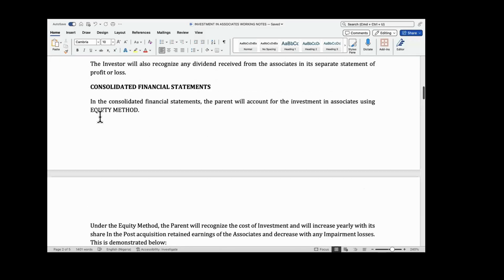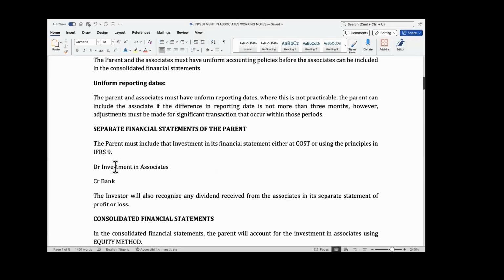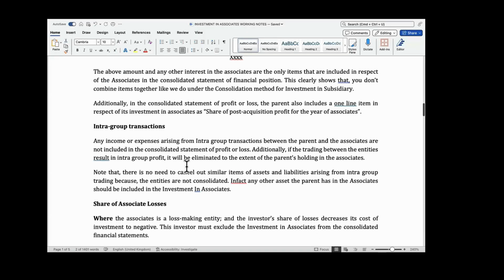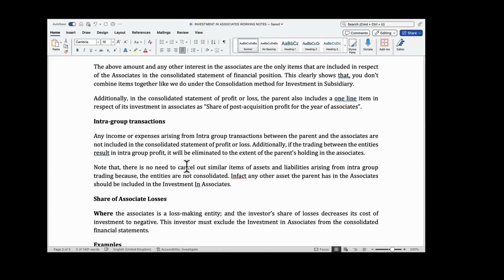I mentioned that very well. All you do is just recognize the investment at cost. You don't include the share of losses, so they will always see it there.